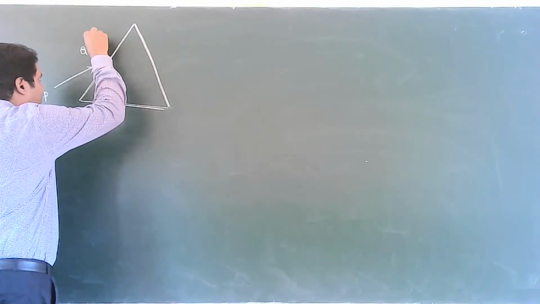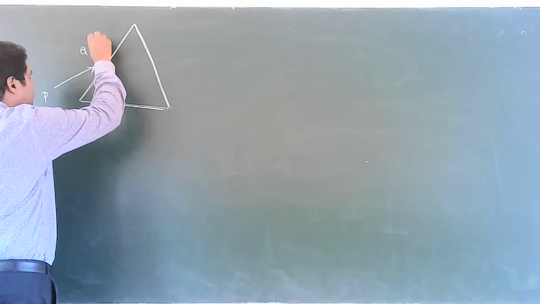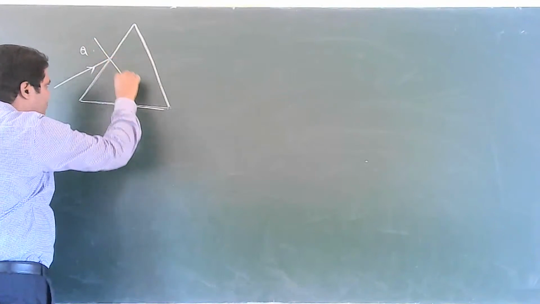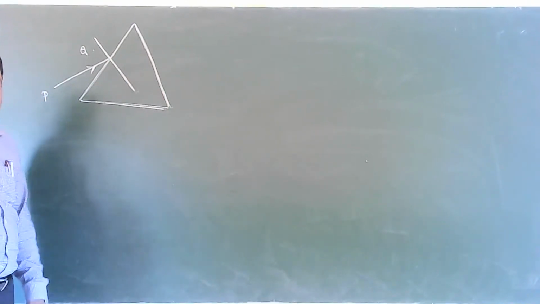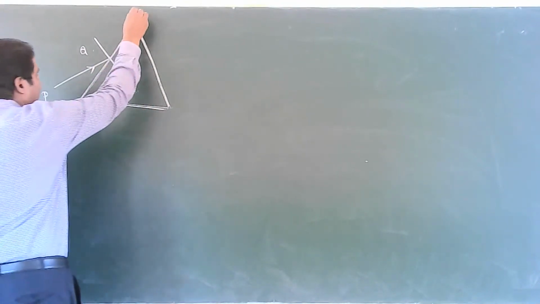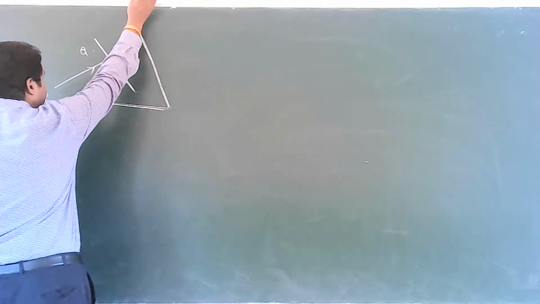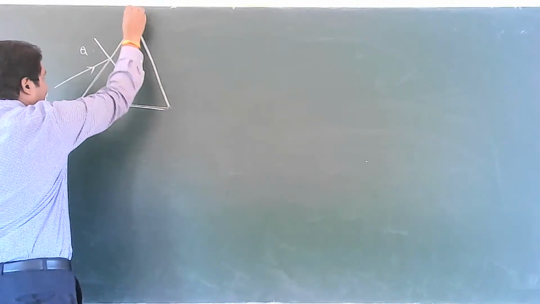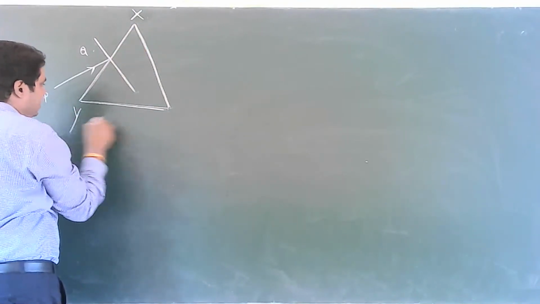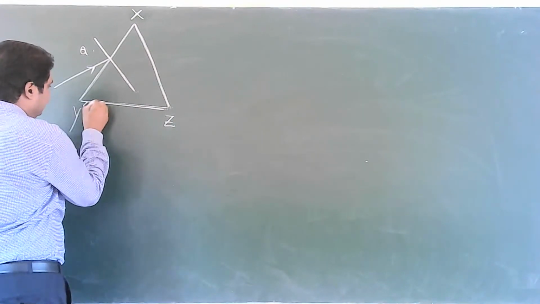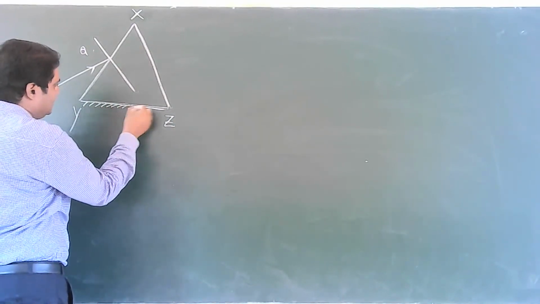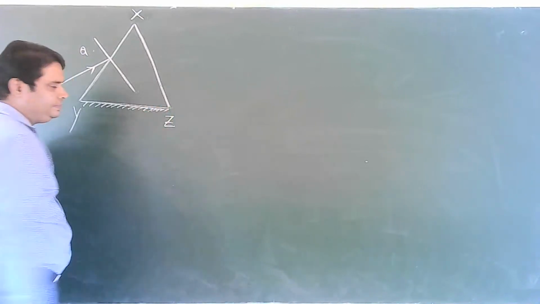Let me draw a normal, or I will draw a solid line only. This is to avoid confusion. Let me take it as X, Y, Z, and let us see the base of the prism.